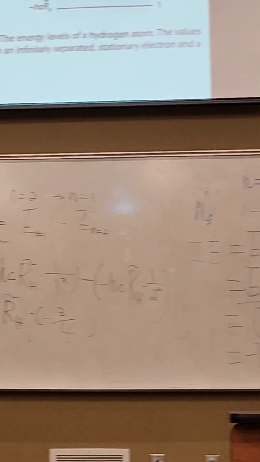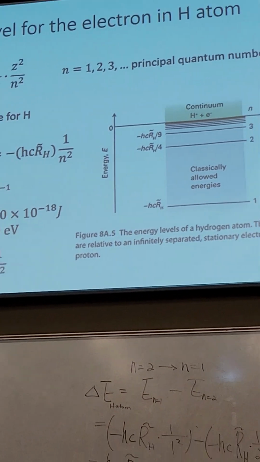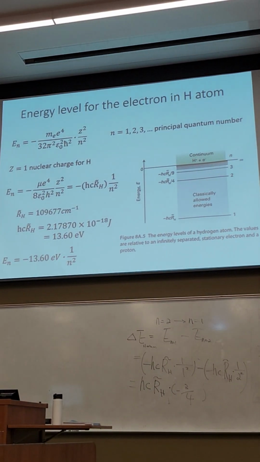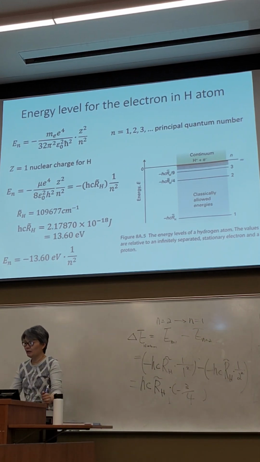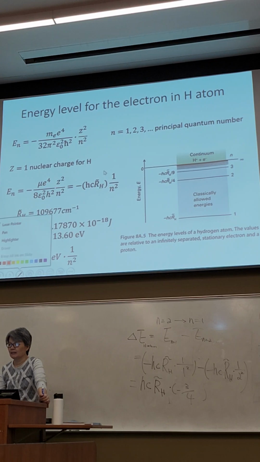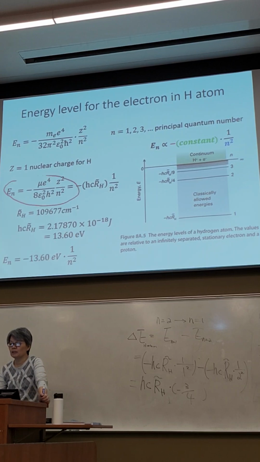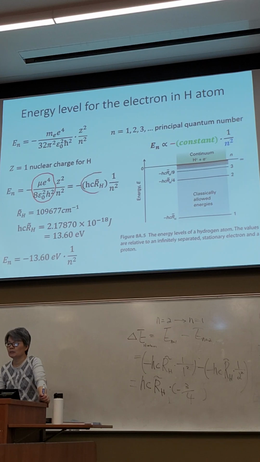In some spectroscopy groups, they like to use wave numbers to infer the energy. But nevertheless, we can make our life easy if we put all these constants together. I just want to show you, you can go home and check it. This is your general expression. If you substitute the Rydberg constant for the hydrogen atom, they should be equivalent.